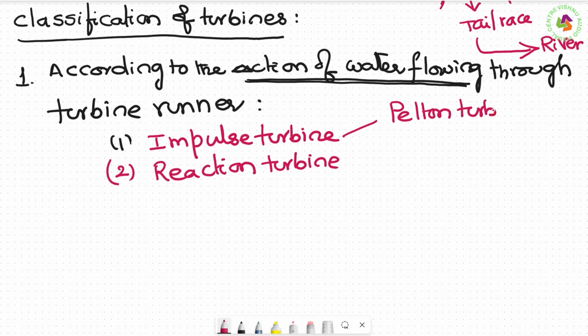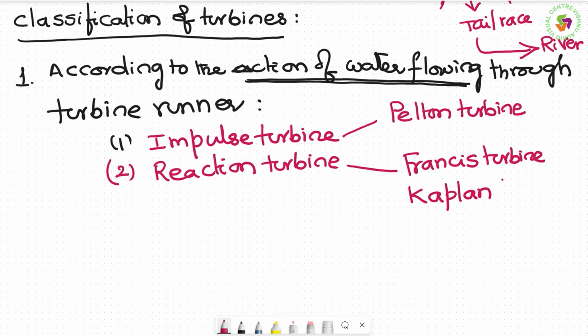Pelton is the name of the inventor, whereas reaction turbine means Francis turbine or Kaplan turbine. Our total study revolves around these turbines only. A turbine has to be an impulse turbine or a reaction turbine. Reaction means pressure and heat. Impulse means kinetic energy. It's all simple, but I will explain it afterwards.